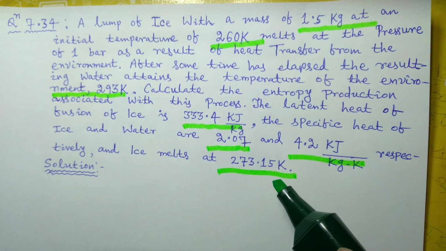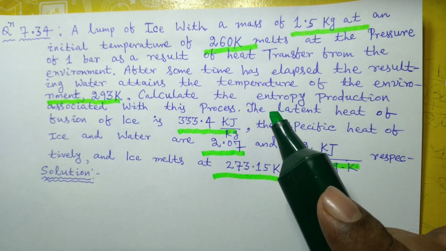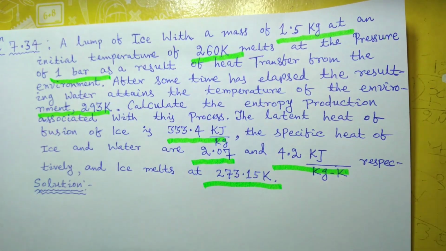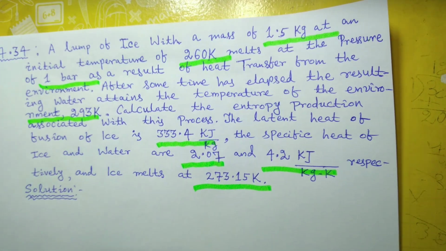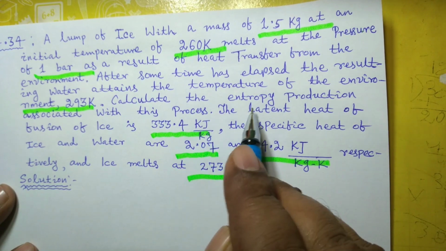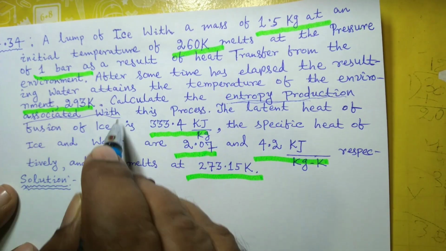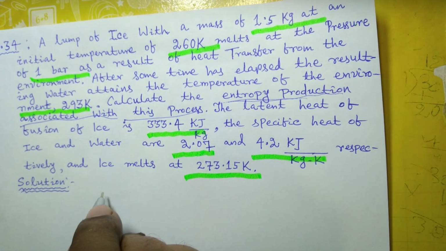The saturation temperature is a function of pressure, and the entire process takes place at a pressure of 1 bar. So you are required to calculate the entropy production, or you can say entropy generation. Entropy production is same as entropy generation associated with the process.